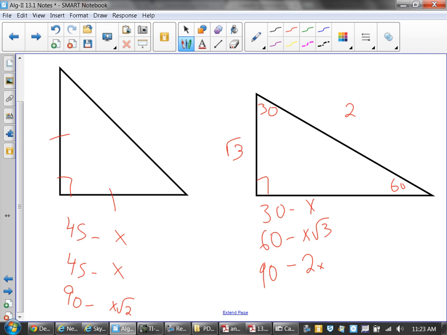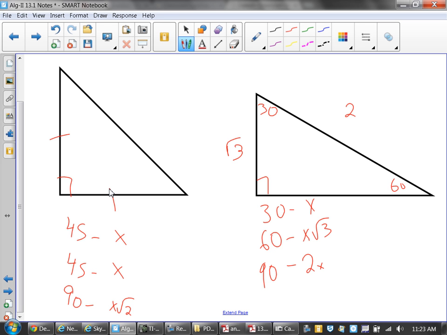What happens now, as opposed to what you have seen in the past, is just a little bit different from the way that we've worked these things out. The 30, 60, 90 and the 45, 45, 90 triangles are going to be basically the basics of the second half of chapter 13 and all of chapter 14. You're going to want to know the sines, cosines, and tangents of all of your special right triangles.